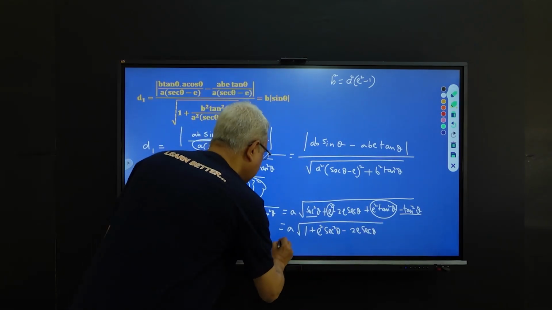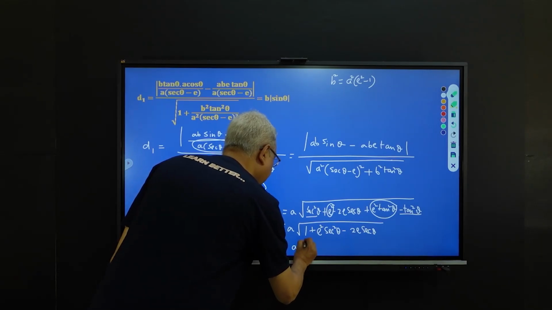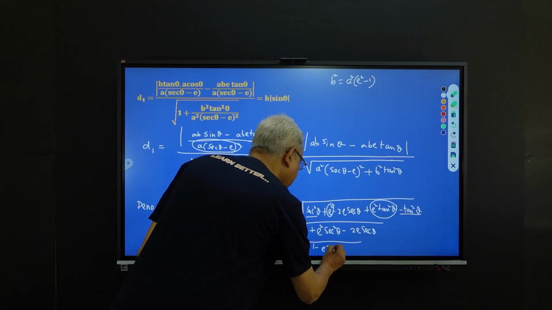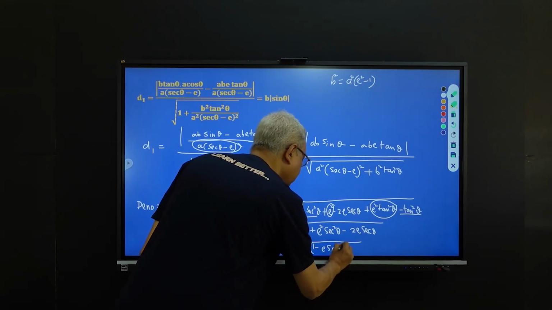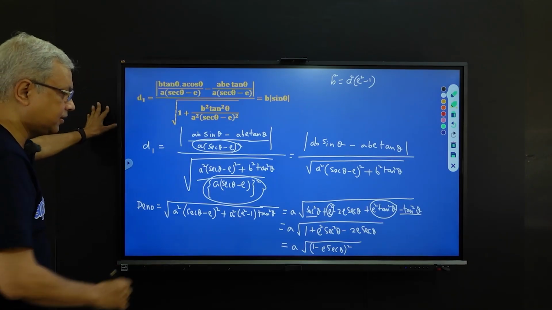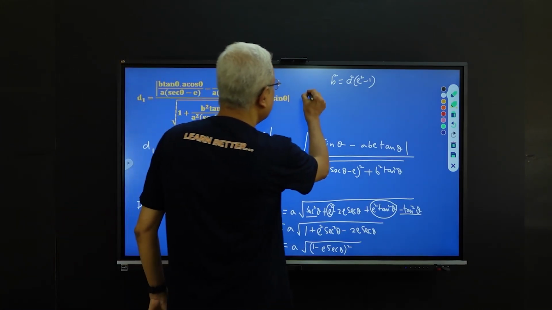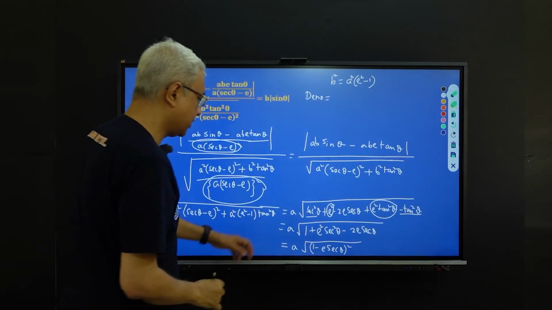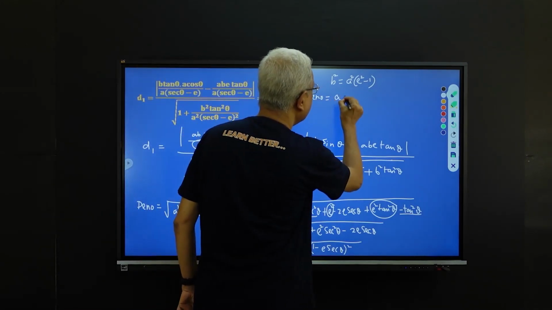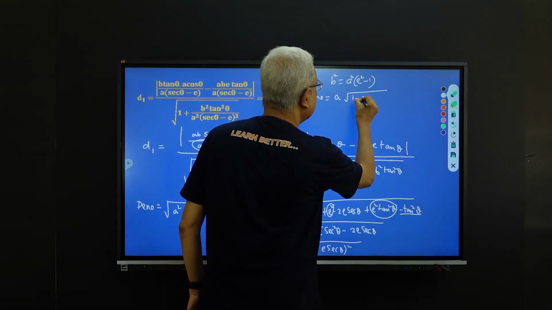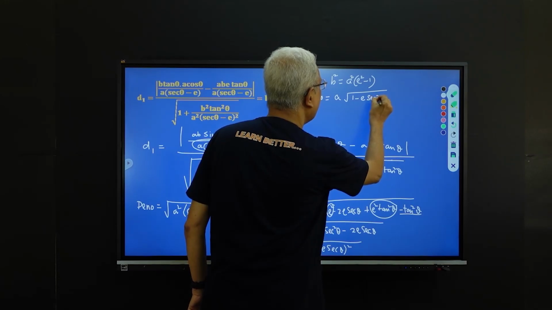So it is how much? a, 1 minus e sec theta whole square. And the denominator is in that case a square root of 1 minus e sec theta whole square.